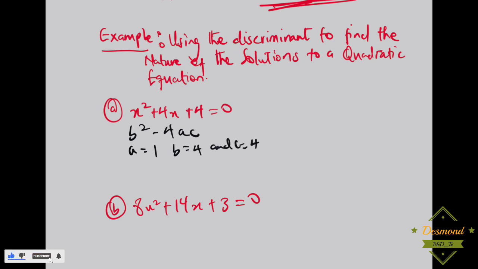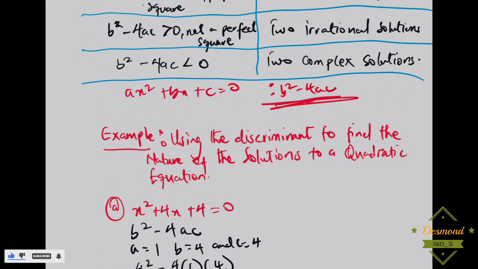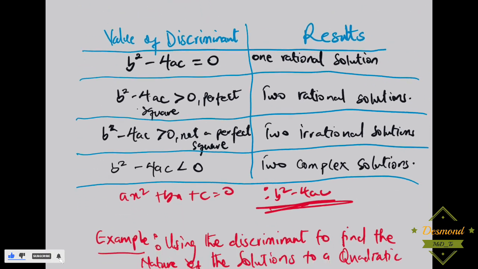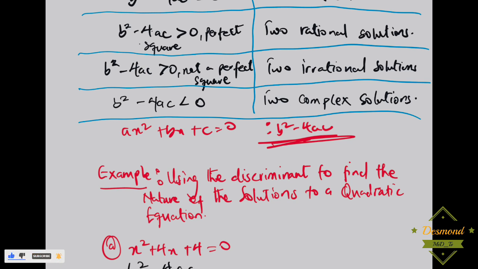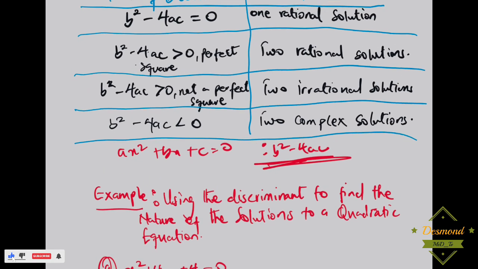So we have 4 squared minus 4 multiplying 1 multiplying 4, which is 16 minus 16, equal to 0. Going back to our table, we got 0, so there will be one rational double solution. Take note of that.